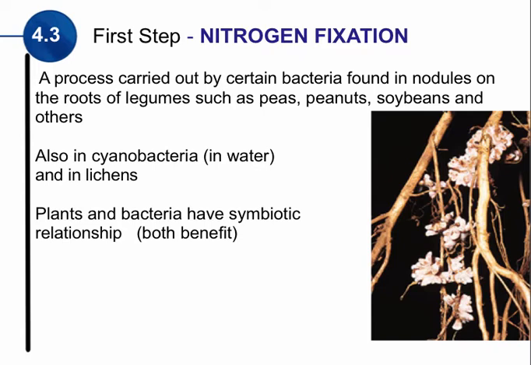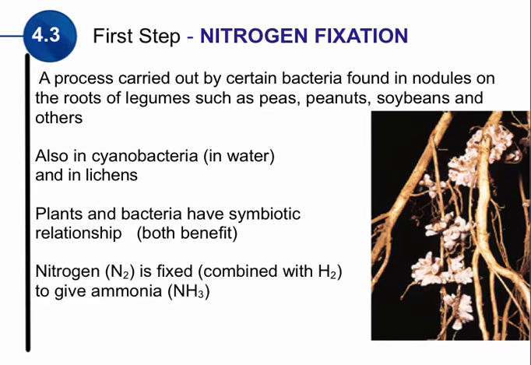Now, the bacteria and the plants actually have a symbiotic relationship. There's a benefit for both the bacteria and the plants. They both benefit. What happens is the nitrogen, through this bacteria, is actually combined with H2, hydrogen gas, and together this gives ammonia, NH3.